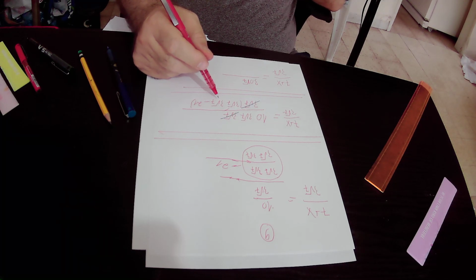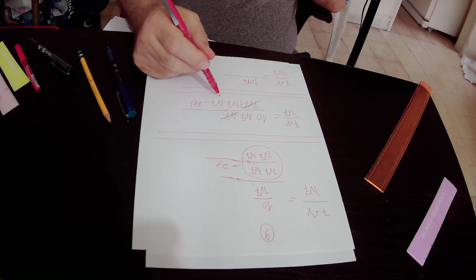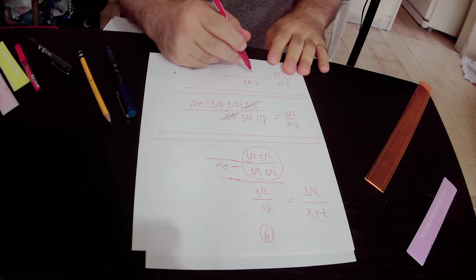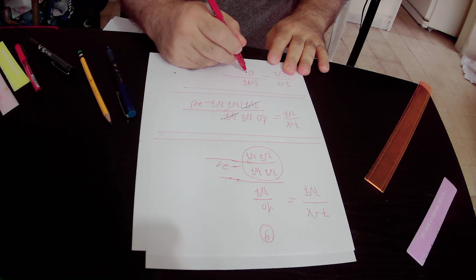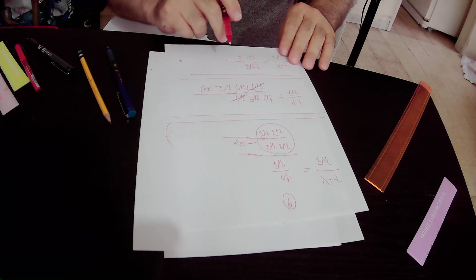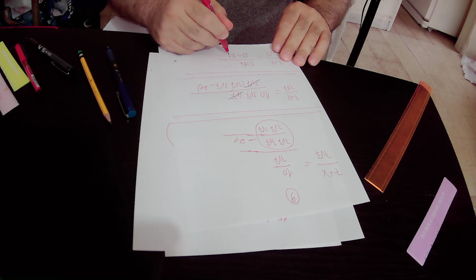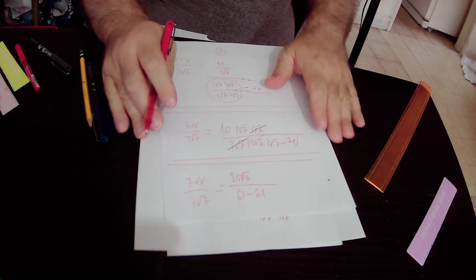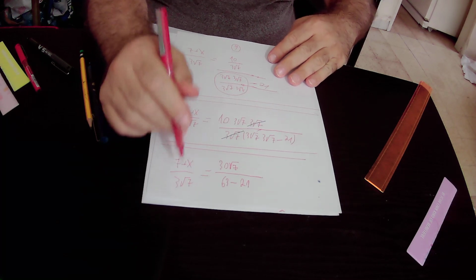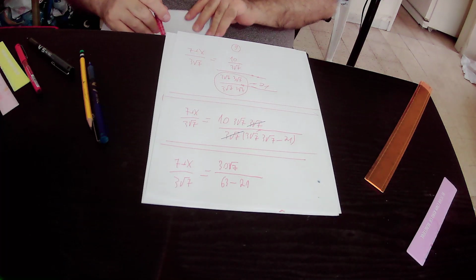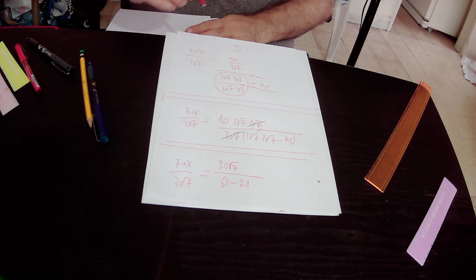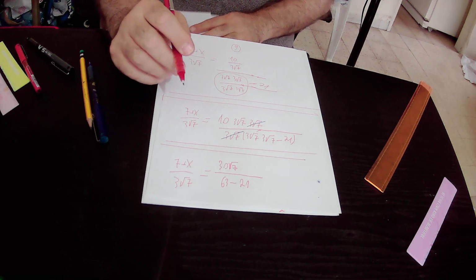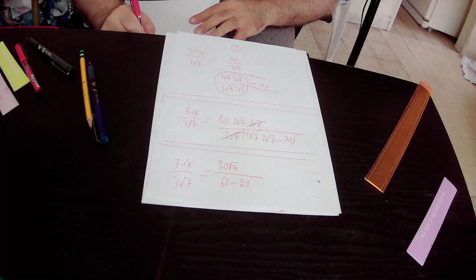Root 7 times root 7 is 7, and 9 times 7 is 63 minus 21. So that is the equality that we have. So we know that 63 minus 21 is 42, so I will write it down.